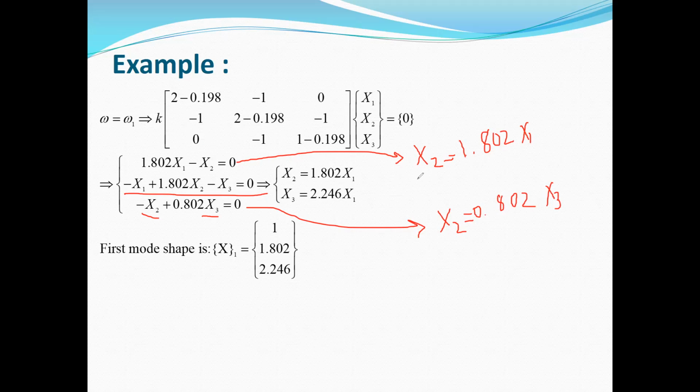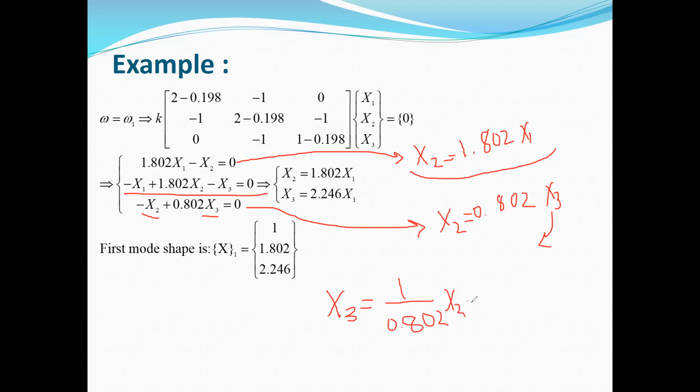For example, from the first equation, you can write x2 as a function of x1. From the third equation, you can obtain that x3 is a function of x2, equal to 1 divided by 0.802 times x2.